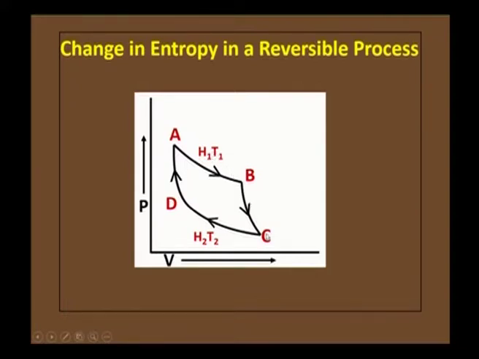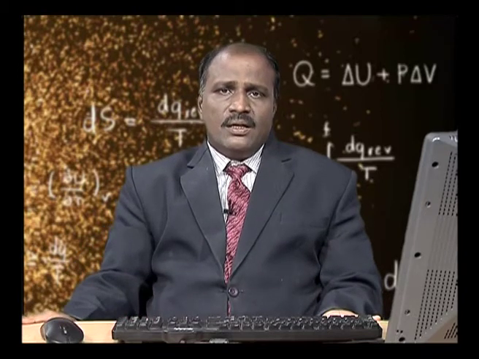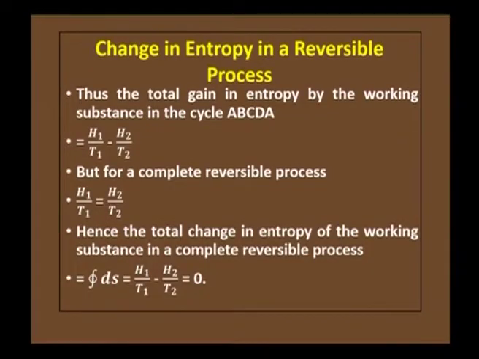In BC, there is no change because BC is an adiabatic process, and CD is an isothermal process where an amount of heat H2 is rejected at a temperature T2, and in DA, there is no change because it is an adiabatic process. Thus, the total gain in entropy by the working substance in the cycle ABCDA is H1 by T1 minus H2 by T2.